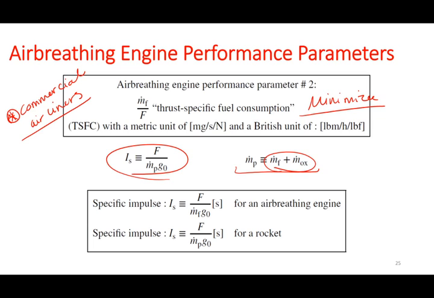So a specific impulse for an air-breathing engine is essentially your thrust divided by the fuel mass flow rate multiplied by the gravitational acceleration. And a specific impulse for your rocket is going to be your m dot p, which is m dot f plus m dot ox, in the denominator multiplied by g, and in the numerator you have the F. Okay, this is a very useful performance parameter.